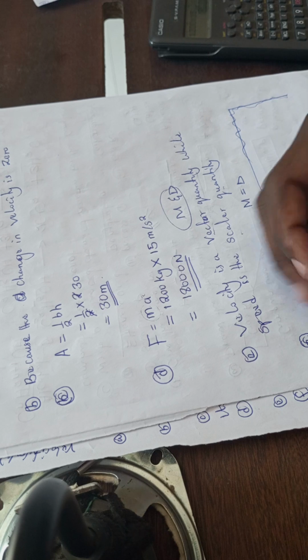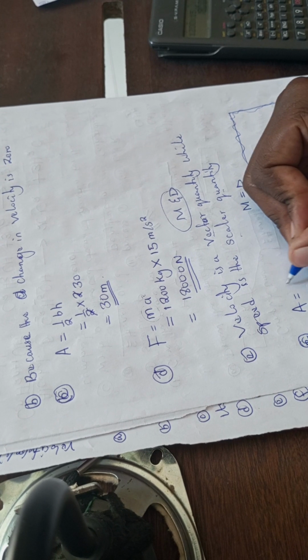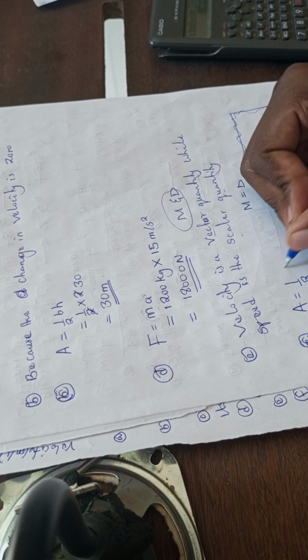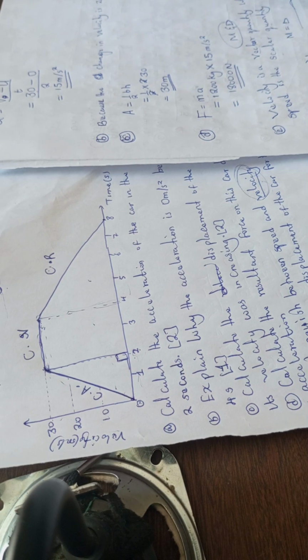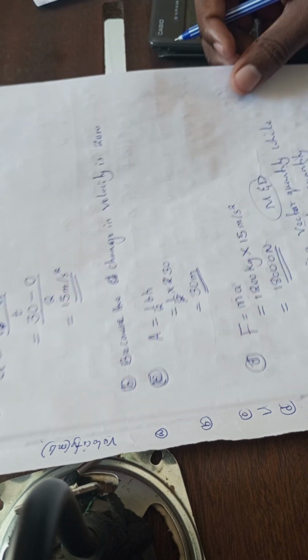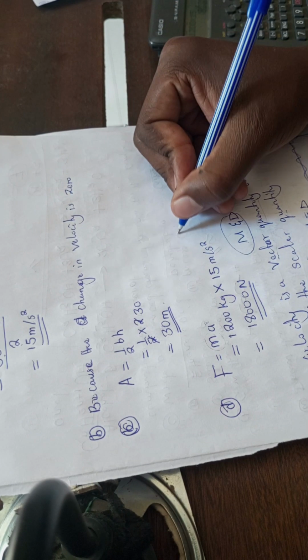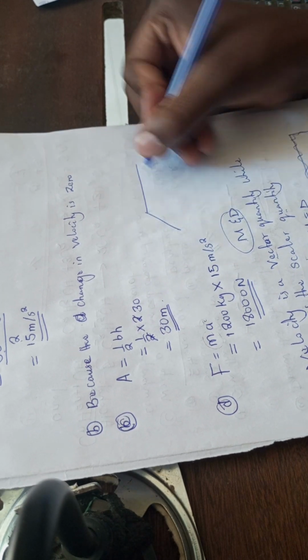So for the area of a trapezium, we say area is equal to half (A plus B) times H. Please, this is the area of a trapezium when the trapezium has been given in this form.